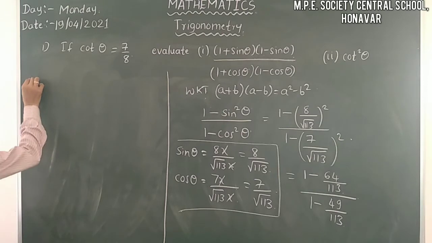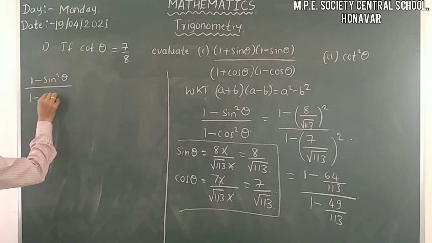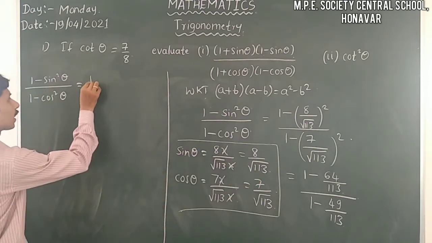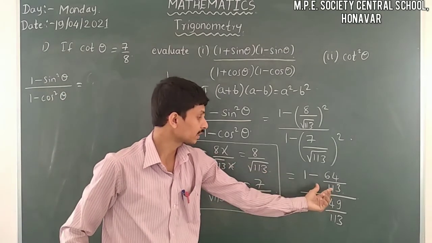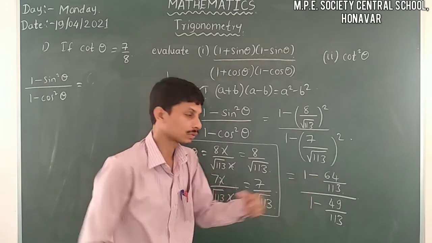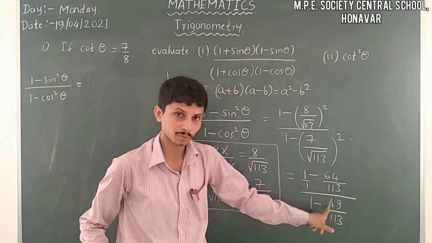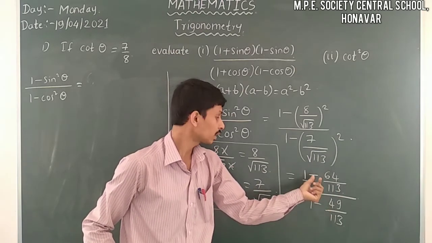So 1 minus sin square theta divided by 1 minus cos square theta, that is the continued part. From here, I am taking the LCM of the denominators. Here we have 1 and 113, the LCM of the denominator is 113, so for getting 113 we have to multiply by 113 here as well as here.